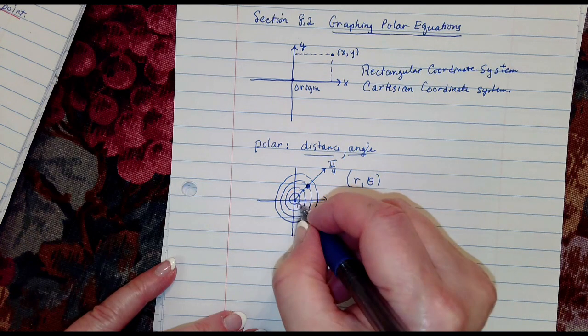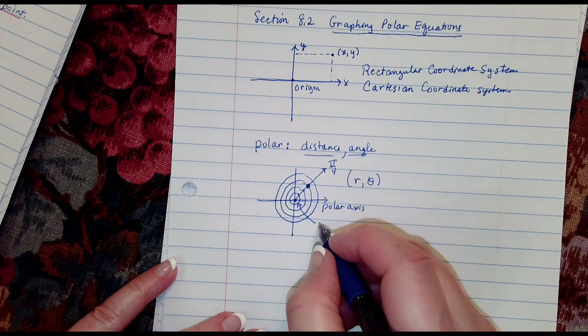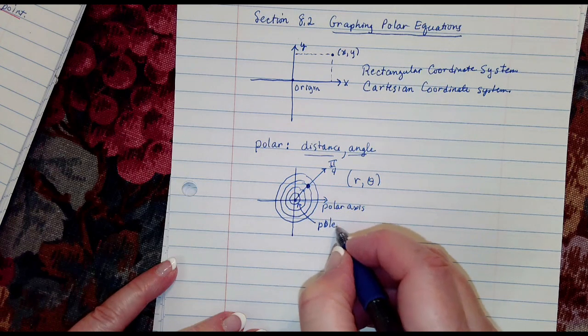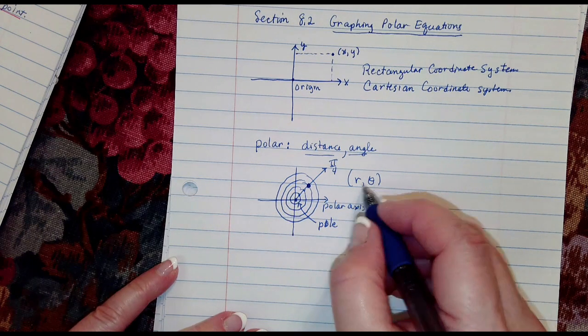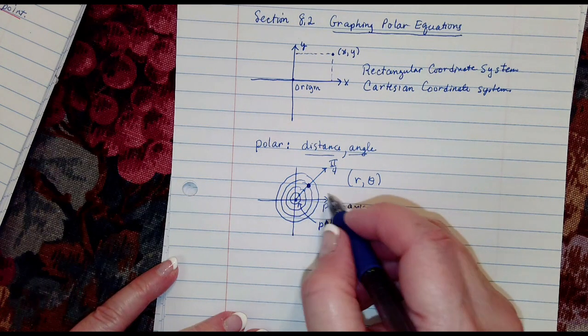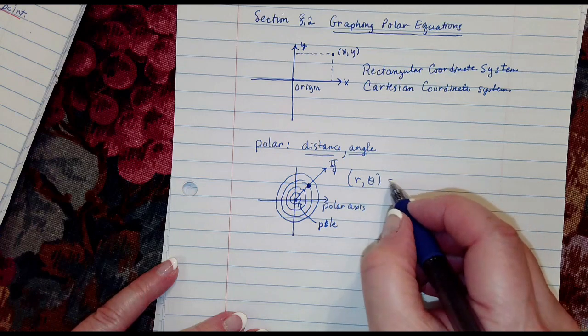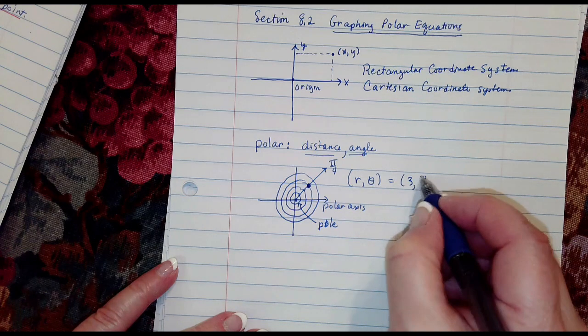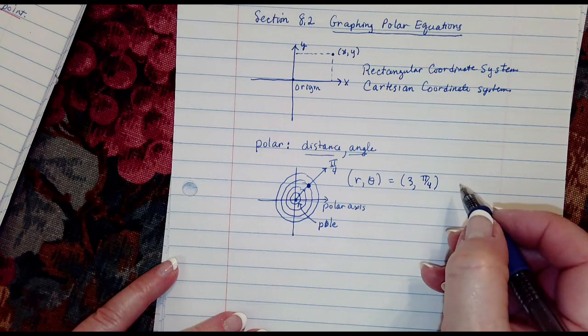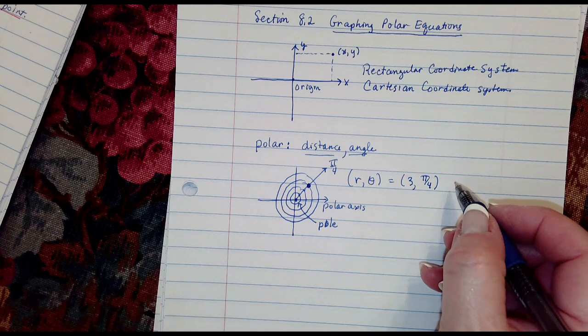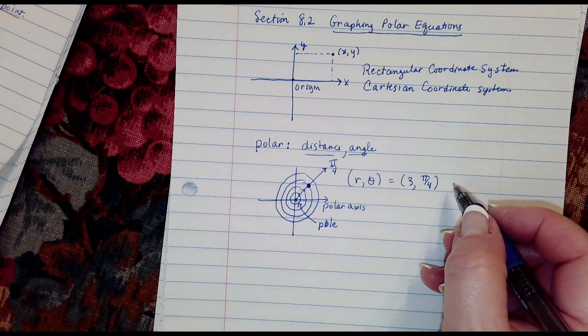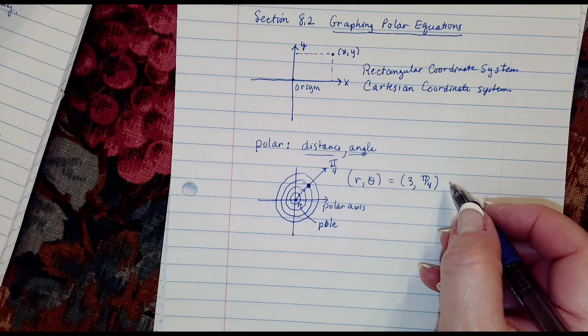The pole is that dot where we would normally call the origin. So r is the distance out, 1, 2, 3, and theta is the angle. So this would be the same thing as saying 3 comma pi over 4. r is the distance out, theta is the angle that it's taking.